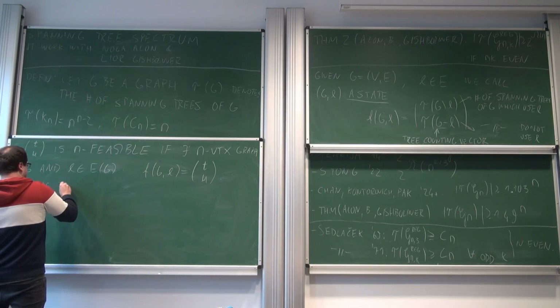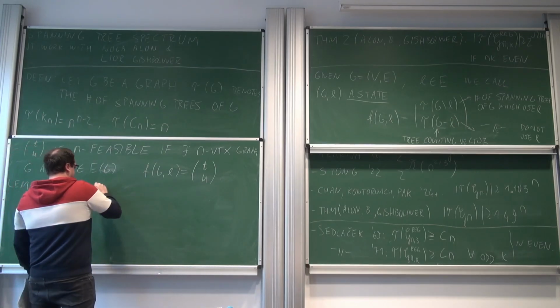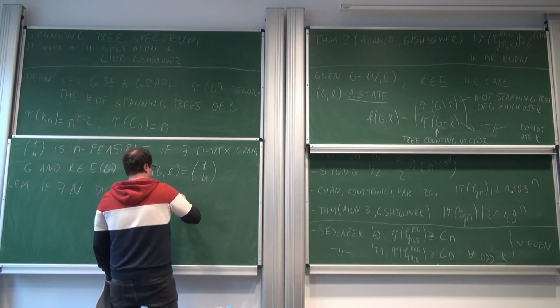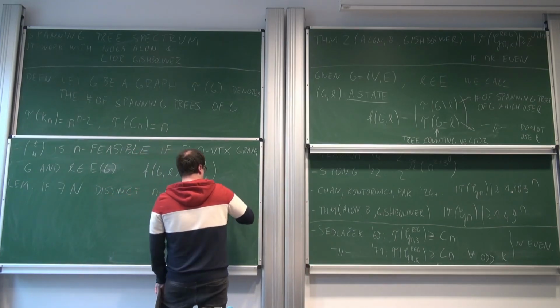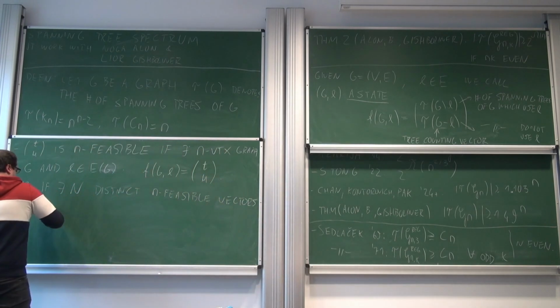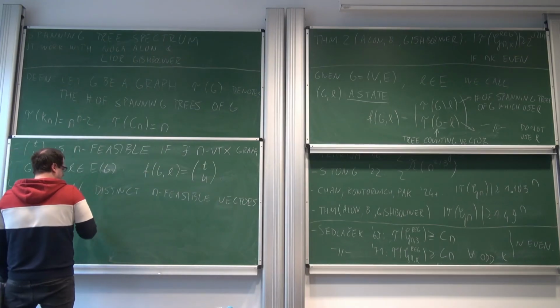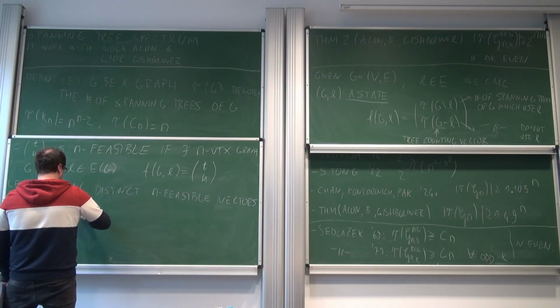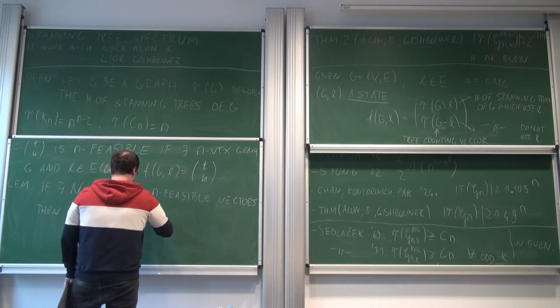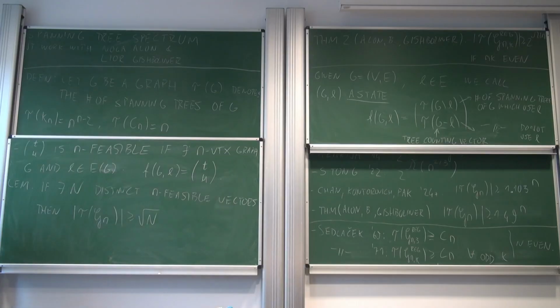So if there exist capital N distinct n-feasible vectors, then actually the size of the set of spanning tree counts of all n-vertex graphs is at least the square root of N. And when we're talking about exponential functions, taking a root just changes the constant in the exponent.